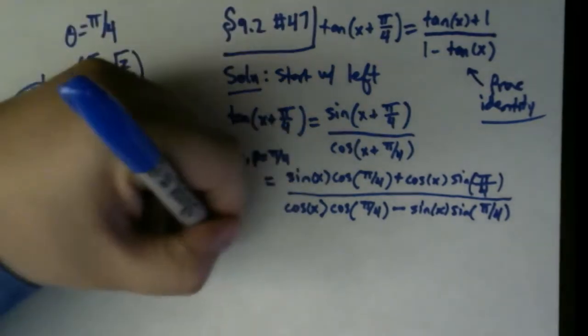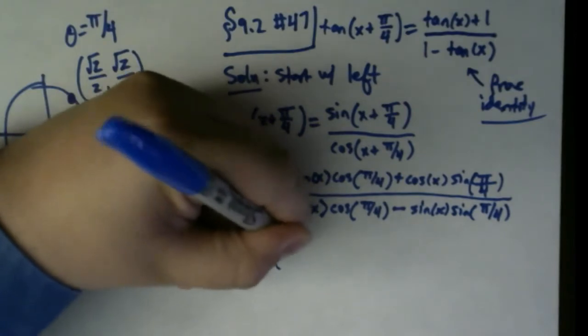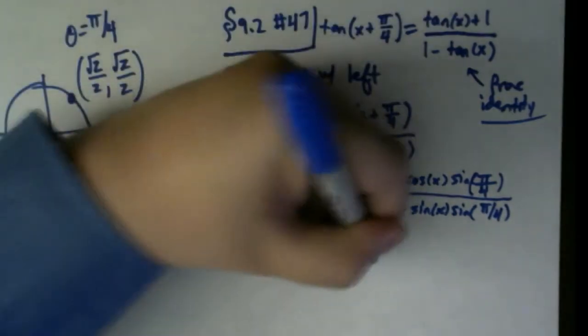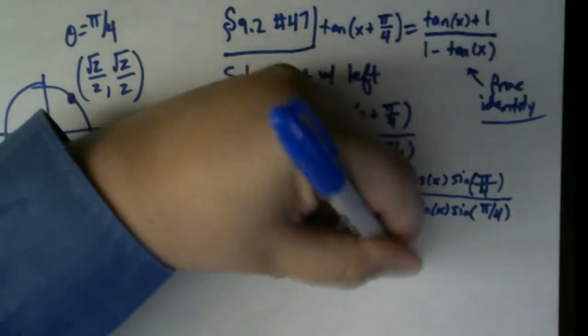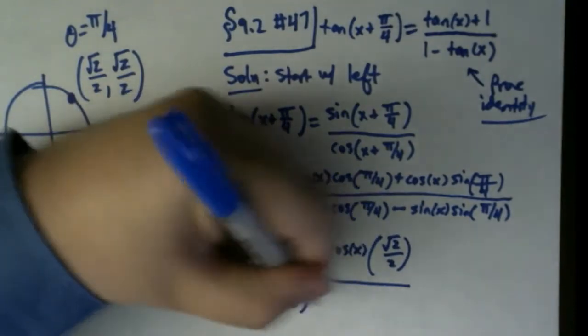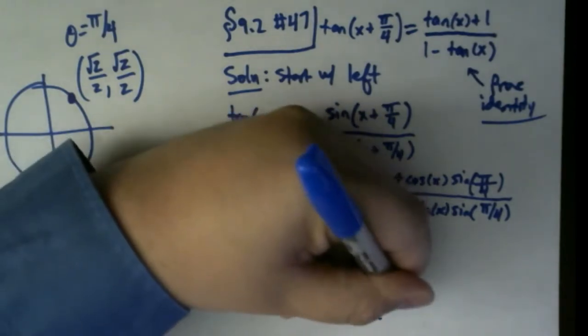So this expression is really just sine x times root 2 over 2 plus cosine x times root 2 over 2 divided by cosine x times root 2 over 2 minus sine x times root 2 over 2.